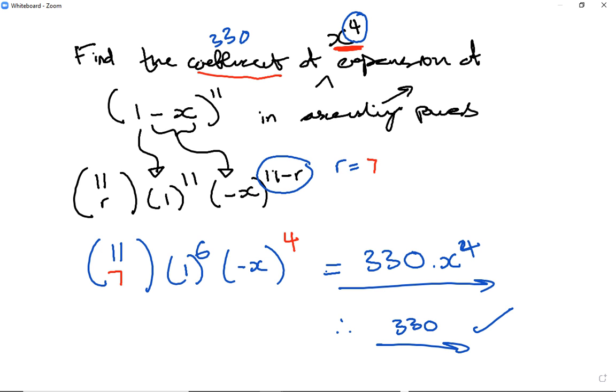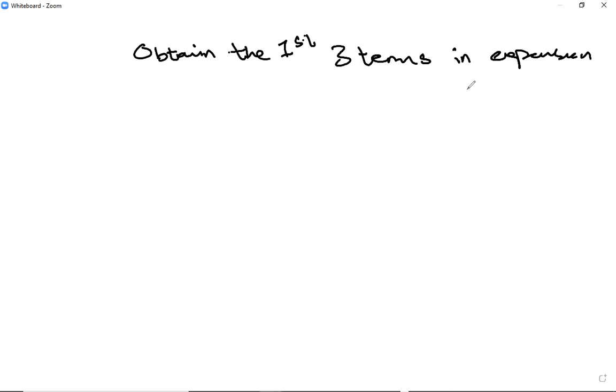Like another type of question where they add a bracket to the end of it, and they'll say, obtain the first 3 terms in the expansion of (2 minus x)(3 plus 3x) to the power of 7. Okay, so you're going to find the first 3 terms in this expansion. This is the question.